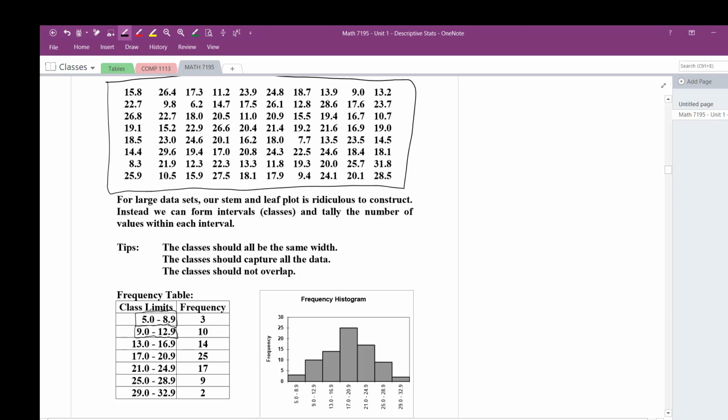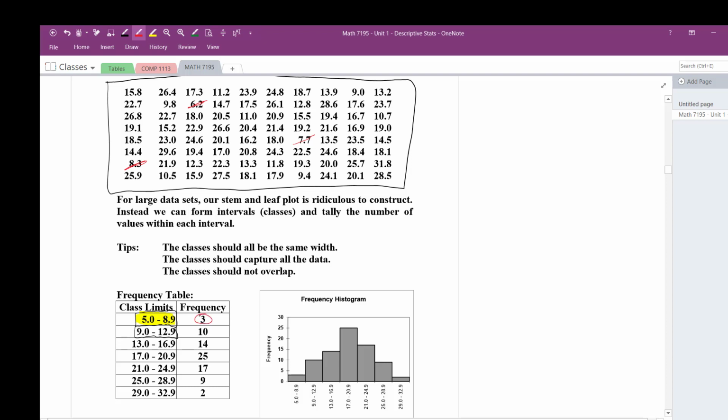Once you have your classes set up, go and count. How many values are there? In the range from 5 to 8.9, we scan through our list and say, okay, I see a 6.2, a 7.7, and there's a third value. There are 3 values in that range.